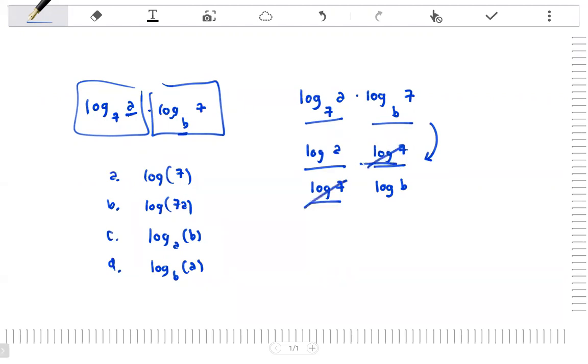Well, we can just cancel those out, leaving log a over log b. Okay, so now what can we do? Well, we're still left with a fraction, and we don't want a fraction if we look at the answer choices.